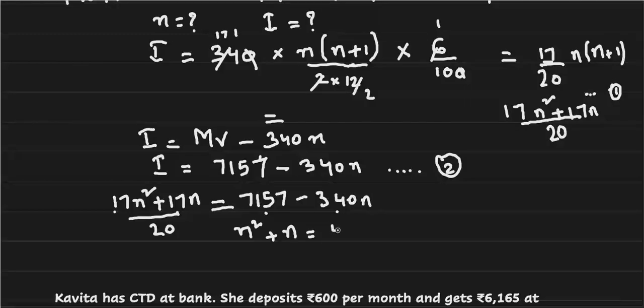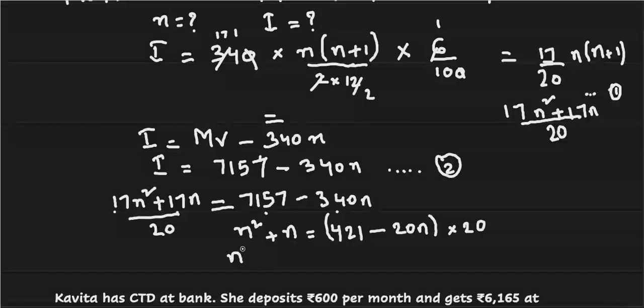421 minus 20n, whole multiplied by 20. So this becomes n square plus n, and this is how much? 400n.